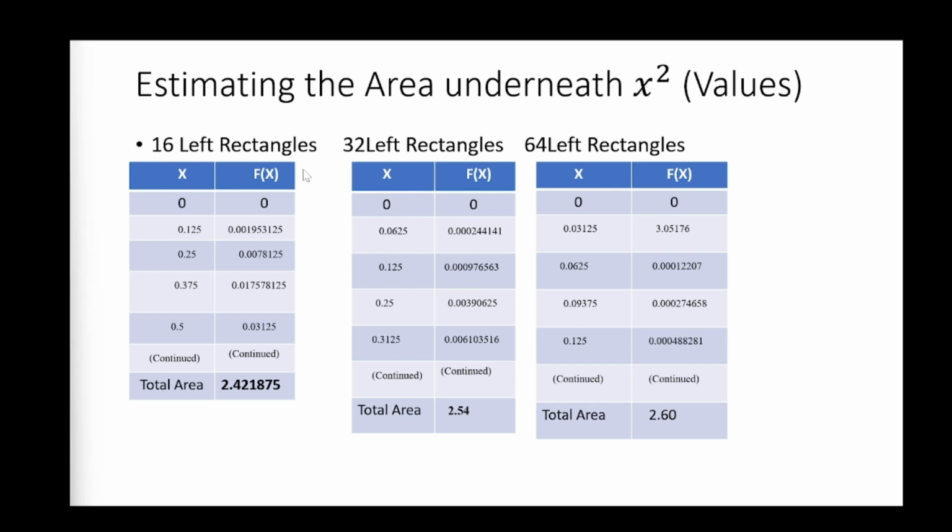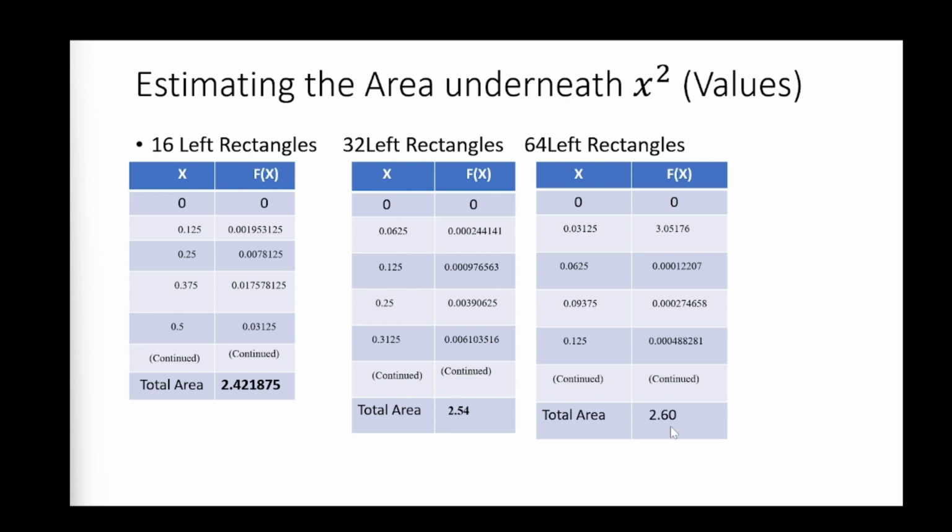Once we add up all of our values, we get a total area of 2.4218 for 16 left rectangles. Then for 32, we get approximately 2.54 as the total area, and for 64, we get approximately 2.60.